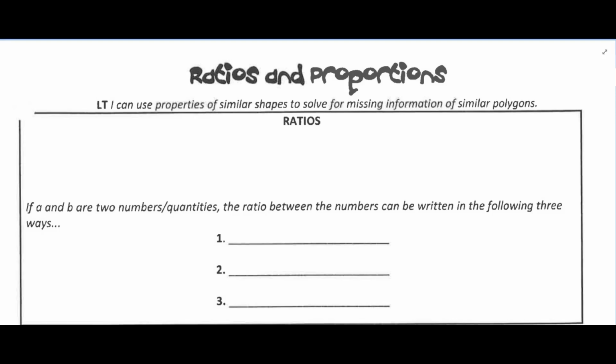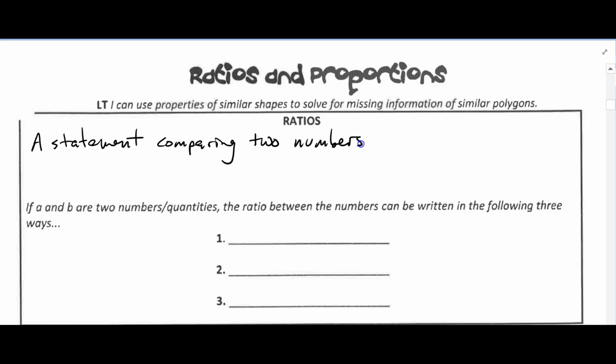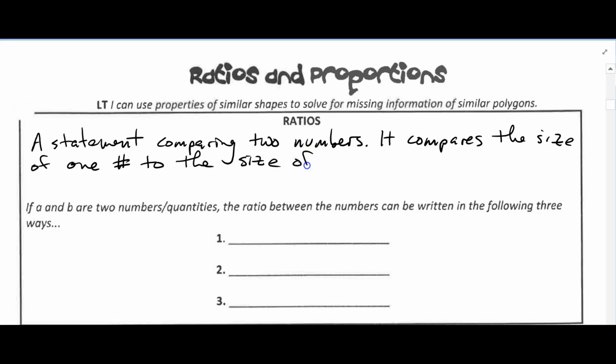A ratio is just a statement comparing two numbers. It compares the size of one number to the size of another.